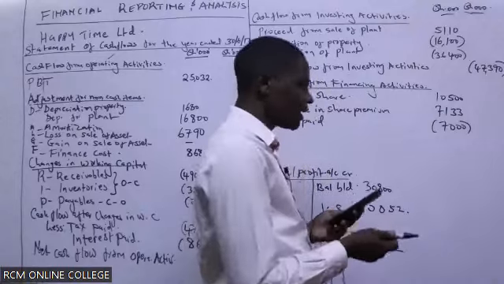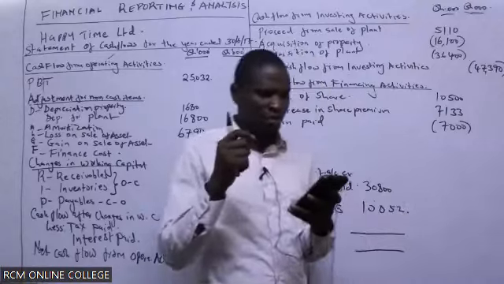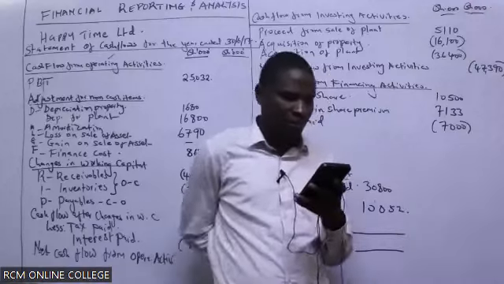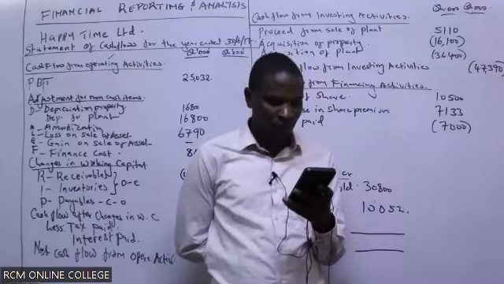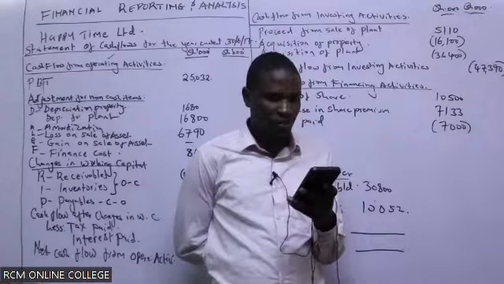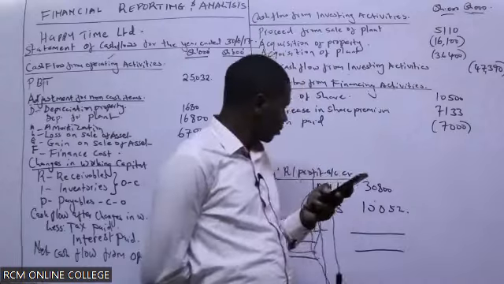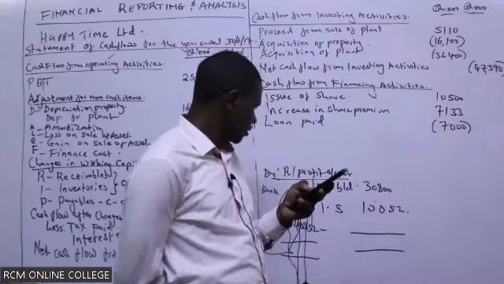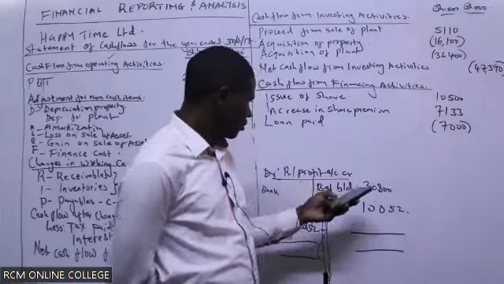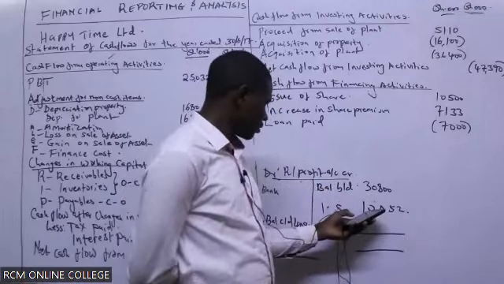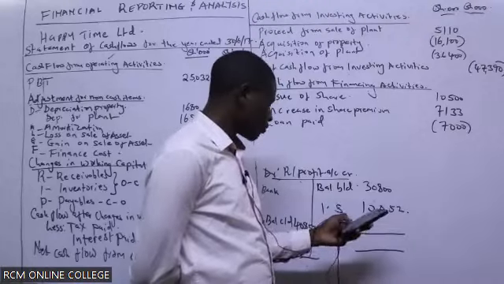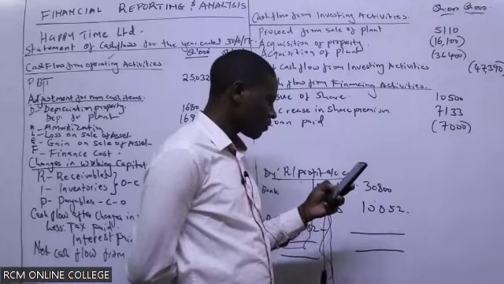Hapana, unatumia ile retained. Sijui utapata ngapi hapo. Niangalieni hapo dividend. Hii ni 30, hii ni 40. 852. Aya, takuwa 0.